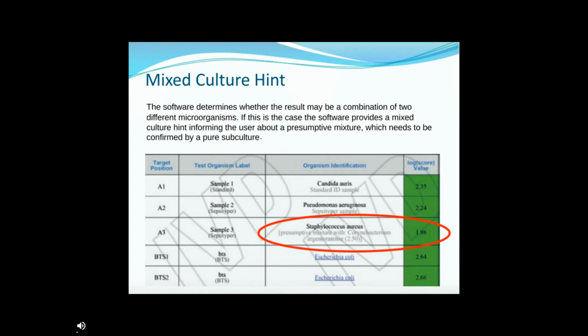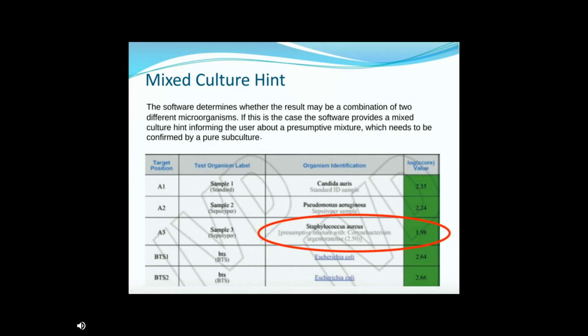If we saw that it was mixed by looking at the identification from the MALDI and then reviewing the gram stain, and we see maybe some gram-positive rods in there, then we probably would not do any identification. In our laboratory, if it's a mixed culture, so if we see polymicrobes in the gram stain, we do not put it on Sepsityper.